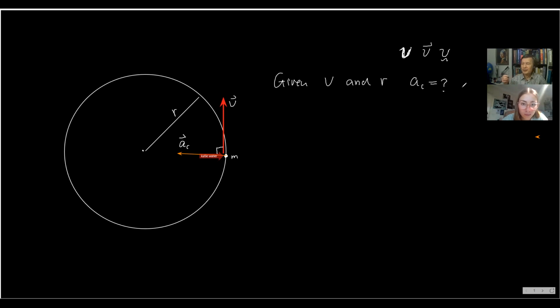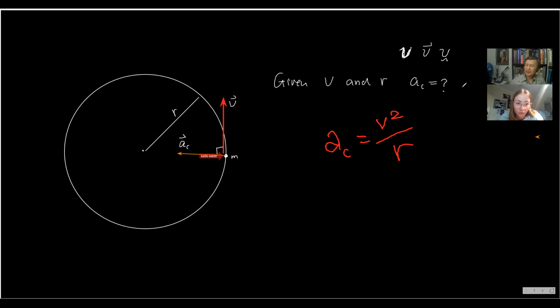So you can use common sense. The faster the velocity, the higher the acceleration. Proportional to velocity squared, yes. That's right. So this is a basic formula for dealing with circular motion.